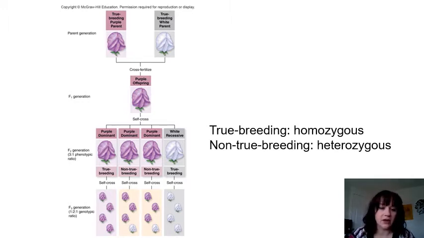He gets 1/4 of them that are white, homozygous recessive. And then he can further prove that some of these are actually heterozygous by allowing them to self-cross again and reveal that hidden trait. Whereas the one plant that is homozygous dominant, when you self-cross it, all of the offspring are purple. Same with the white recessive homozygous flower plant. When you self-cross it, you're only going to get white.